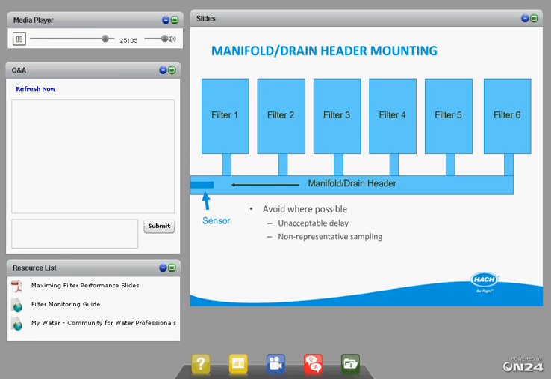Now, this may be a good place to start for people who are interested in testing out the ability to optimize their process, and certainly having one point of measurement is better than no measurement at all. But beware, if you use one sensor and a common point, you may have an unacceptable delay that will really inhibit your ability to optimize your process through measurement.